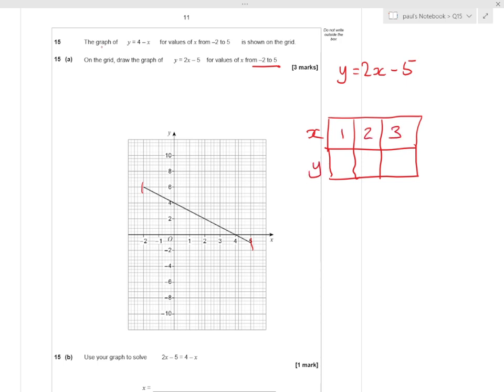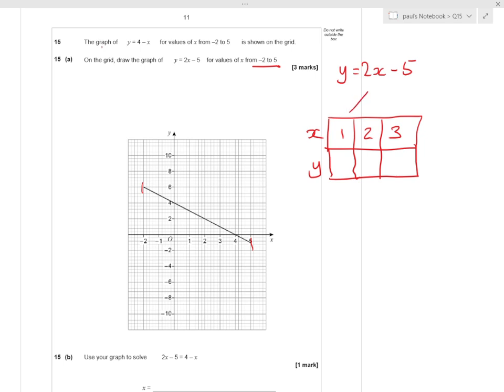You may be wondering why I've chosen 1, 2, 3. It's not random, it's just that 1, 2, 3 are the easiest numbers that we can work with, and it avoids any negative numbers. If we could use any numbers we like, we could do -5, 10, 20 if we wanted to, but as long as the three coordinates joined up are in a straight line, it's fine. These are the easiest numbers.